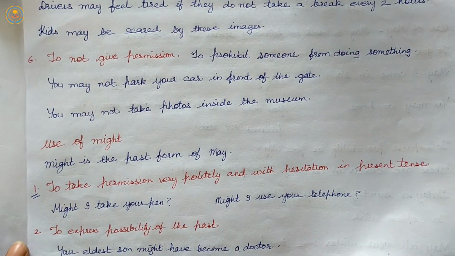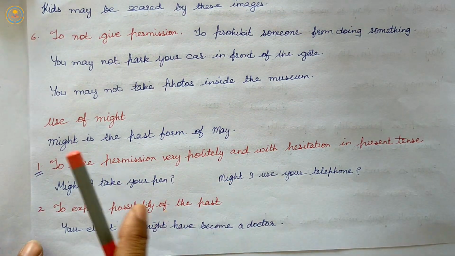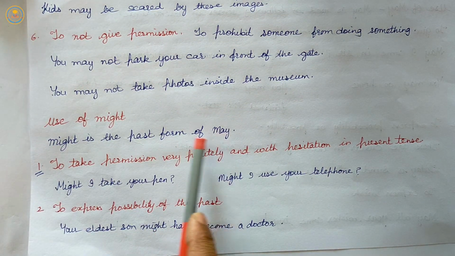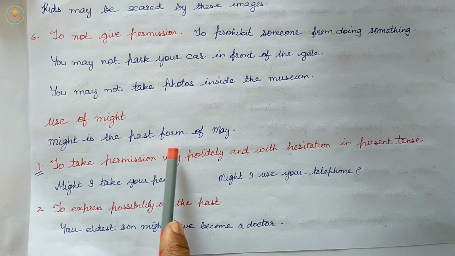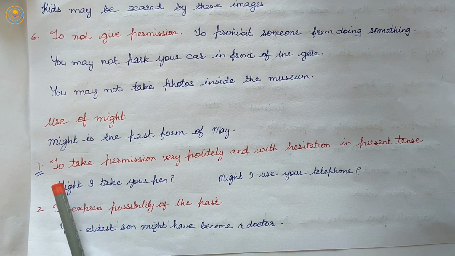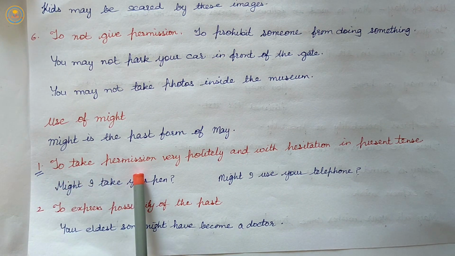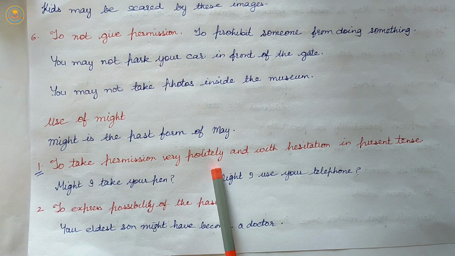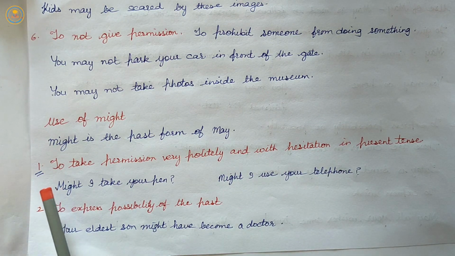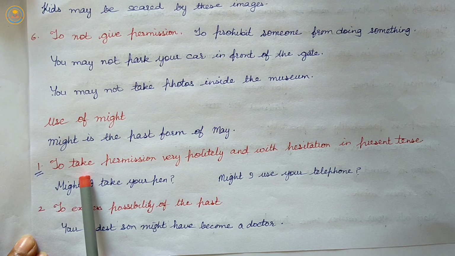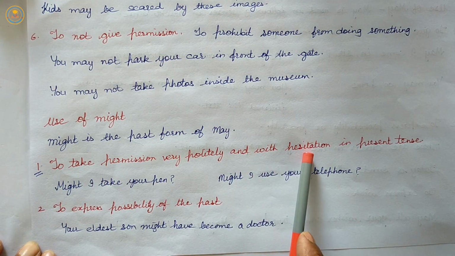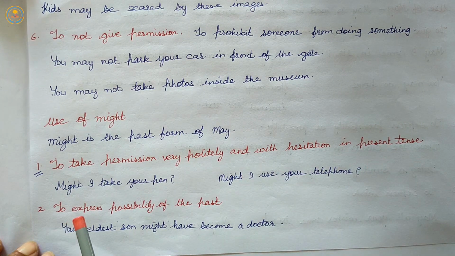Next is the use of might. Might is the past form of may. The first use is to take permission very politely and with hesitation in the present tense.